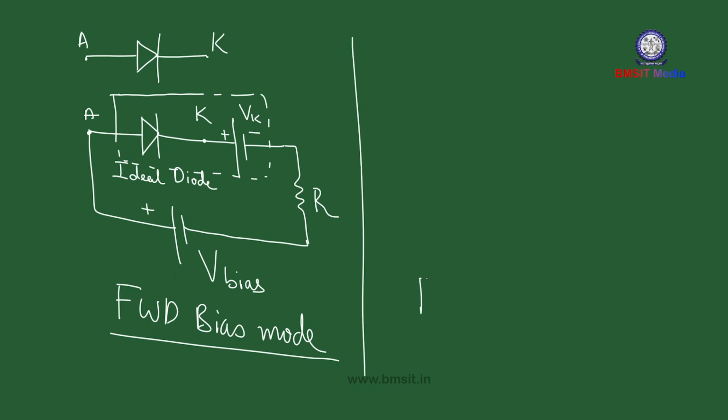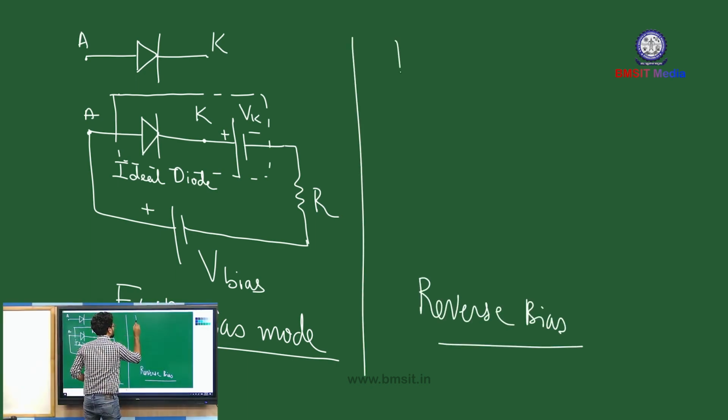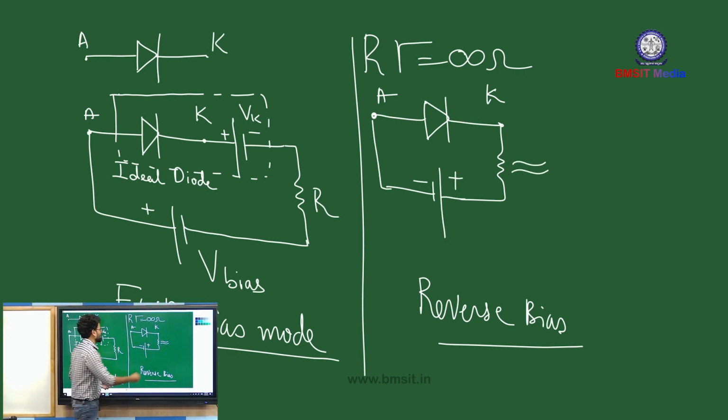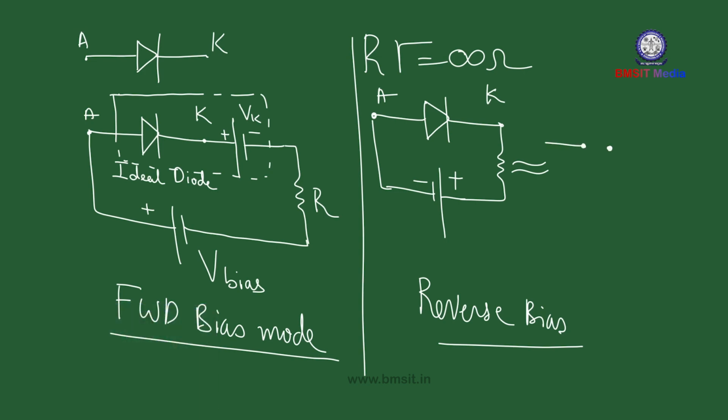On the other hand, for reverse biasing mode, we can still consider the reverse resistance as infinity ohm, and so under reverse biasing condition, you can still consider the diode as an open switch. Okay.